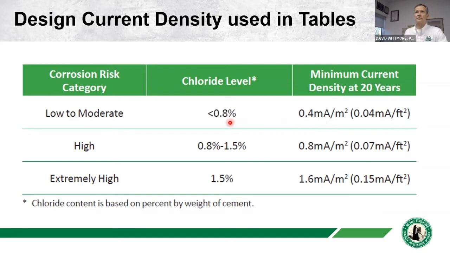If the chloride level is 0.8% or less, then we're using a design current density of 0.4 milliamps per square meter. If it's between 0.8 and 1.5, we're using a design current density of 0.8 milliamps. And if we're above 1.5, then we're using a design current density of 1.6 milliamps per square meter. And again, these are for cathodic prevention applications.